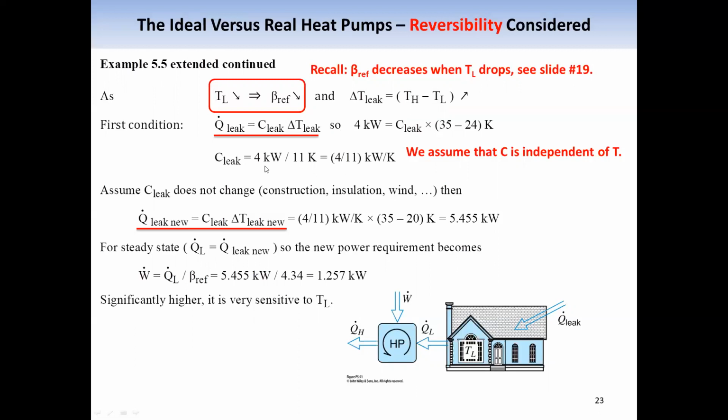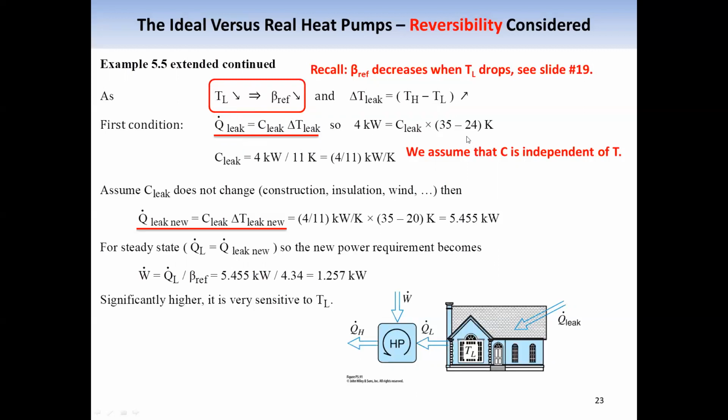If we assume this constant remains constant when we change the thermostat temperature, then when we change the temperature gradient, we change the Q leak term.